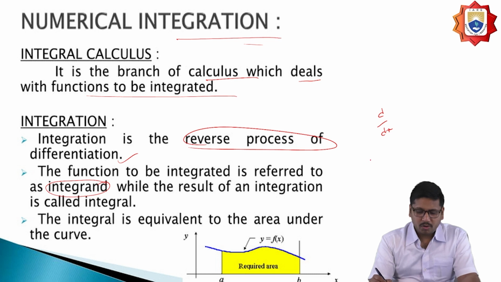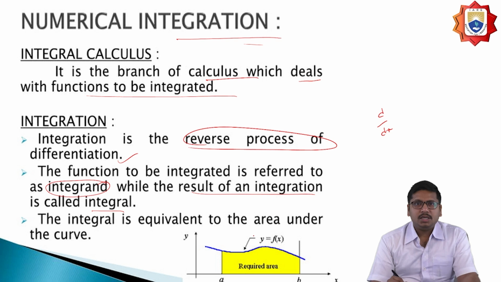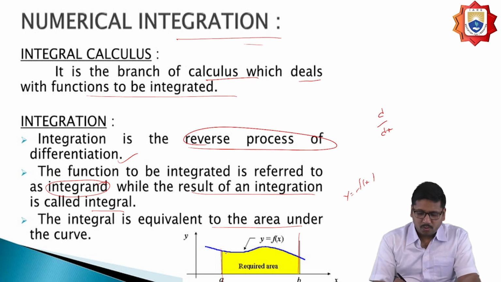This integration is the reverse process of differentiation, dy/dx. The function to be integrated is called the integrand, and the result of this integration is called the integral. Here, this integral is equivalent to the area under the curve. Suppose I have a function y = f(x) within the interval a to b, the area under the curve is what we call the integral.